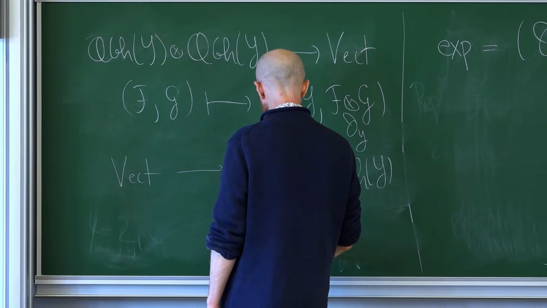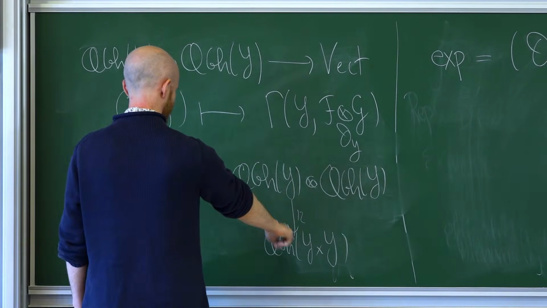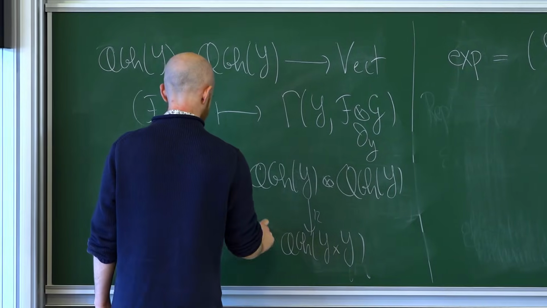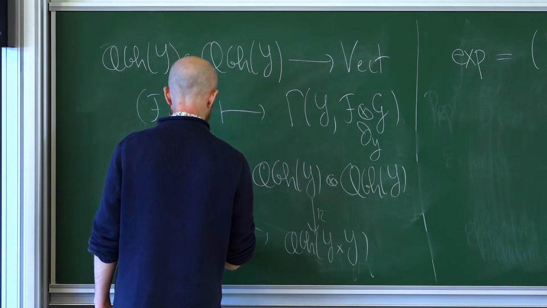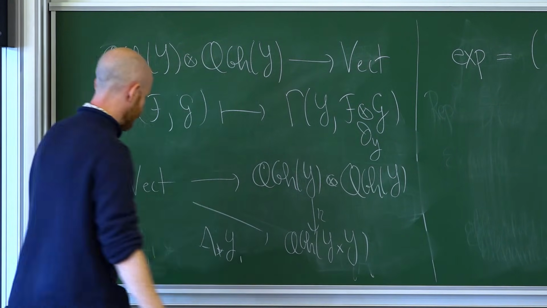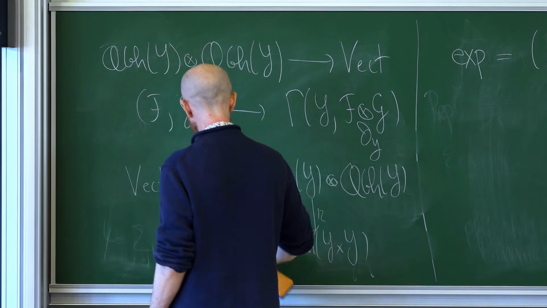The observation is that, again for reasonable Ys, this category is the same as quasi-coherent sheaves on the product. So it's enough to give just some object of QCoh of Y times Y, and this is going to be delta star of O of Y.